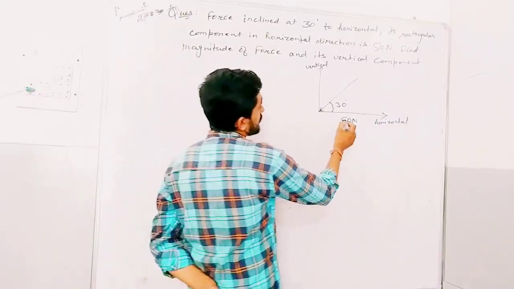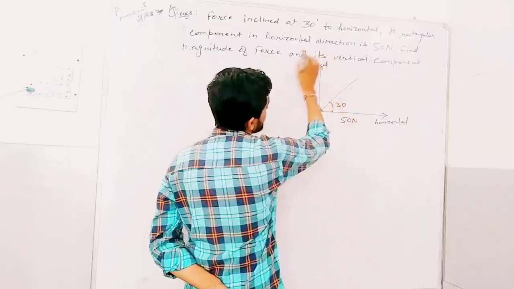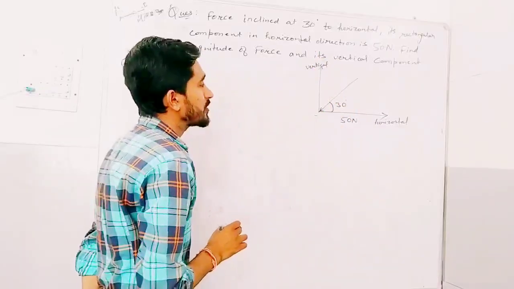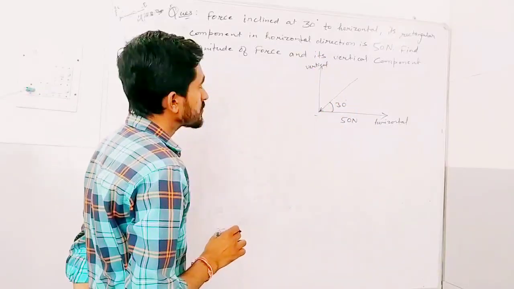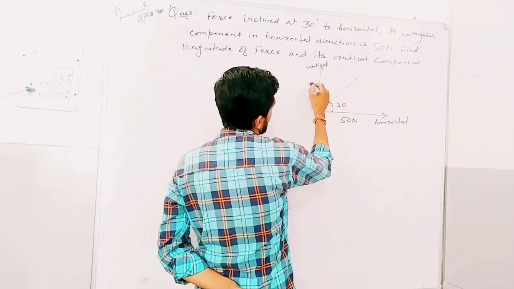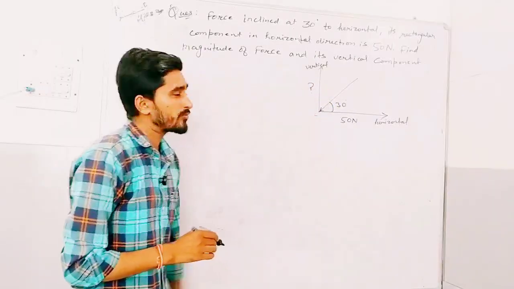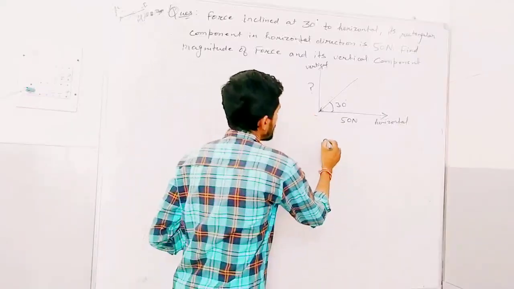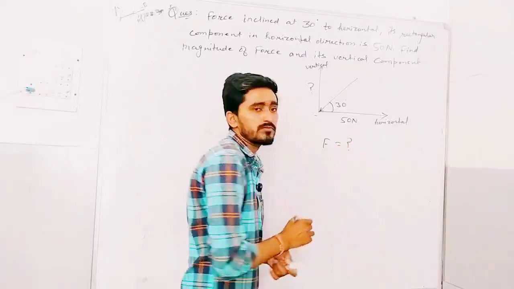Okay. Now this horizontal component is given as 50 Newton. Find the magnitude of force and its vertical component. We have to find its vertical component and the magnitude of force.